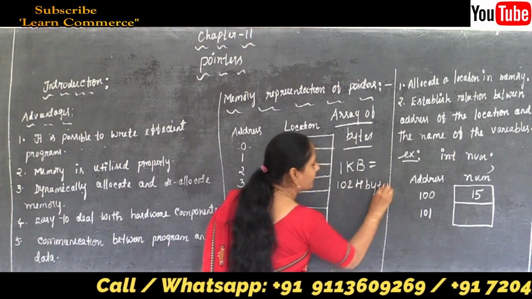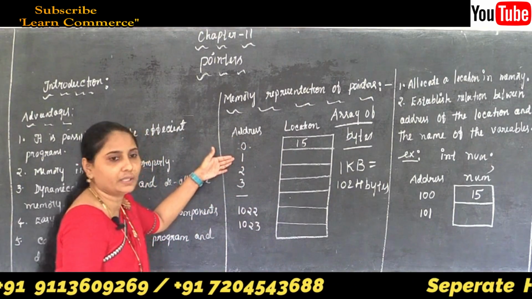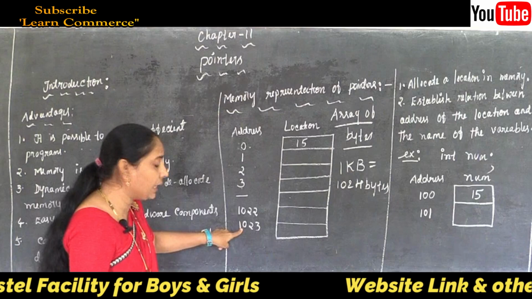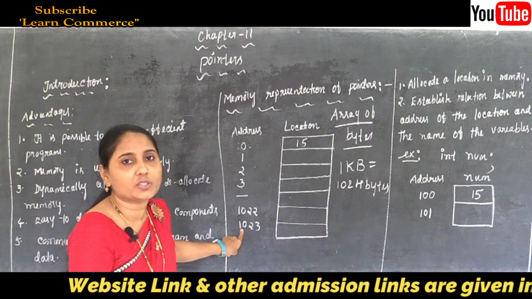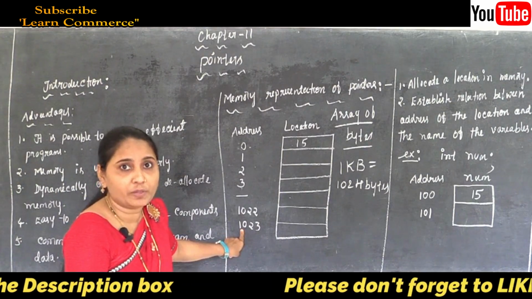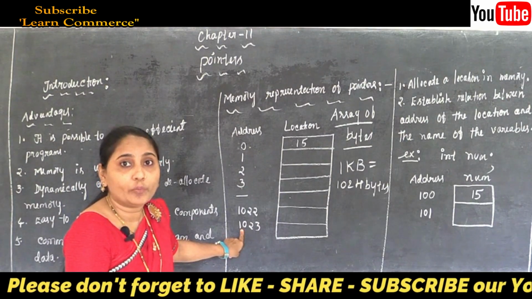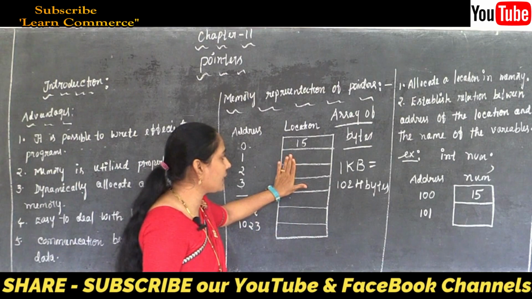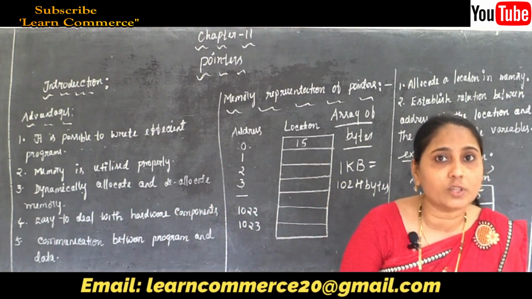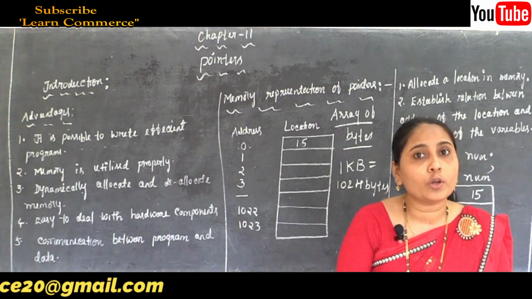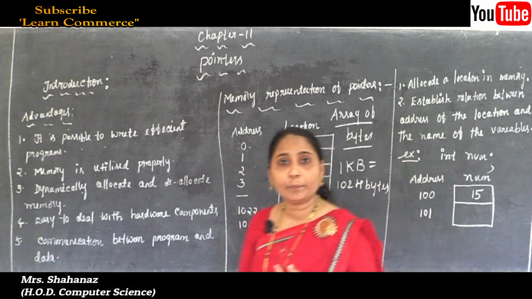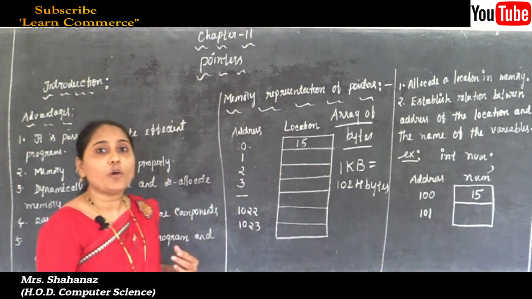Correct? In this example I started the address from 0 and it goes till 1023. Why? Because I started from 0, so the range will end at 1023 here. So in this example, I used 1 KB of bytes, which is equal to 1024 bytes, and in this case, the memory can be viewed as an array of locations.